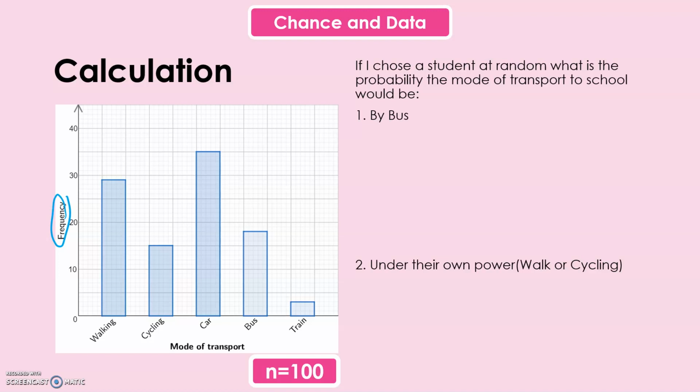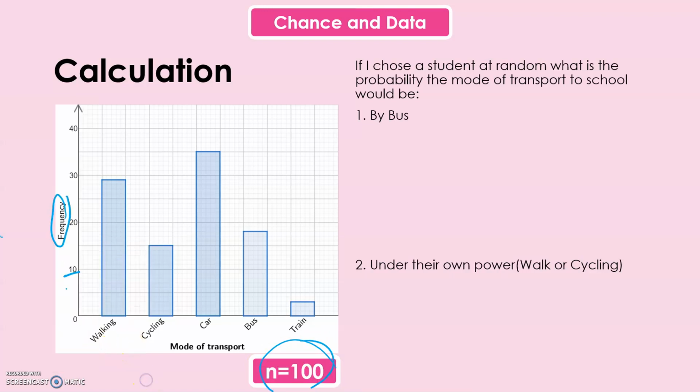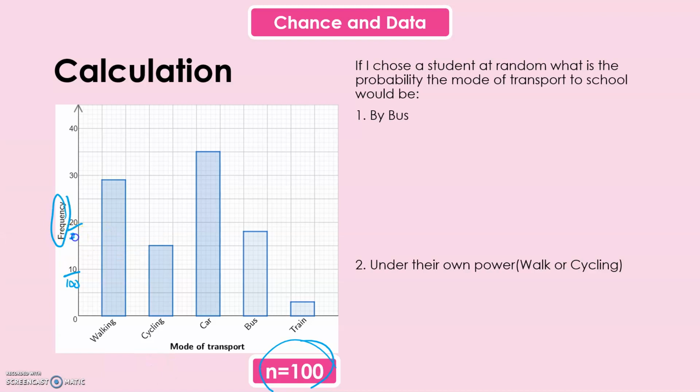You could change the graph so that it's a probability question, and the easiest way to do that is simply take the axis and divide the scale by how many people there are in total. In this case, it's 100. So we could take 10 divided by 100, 20 divided by 100, and so on.